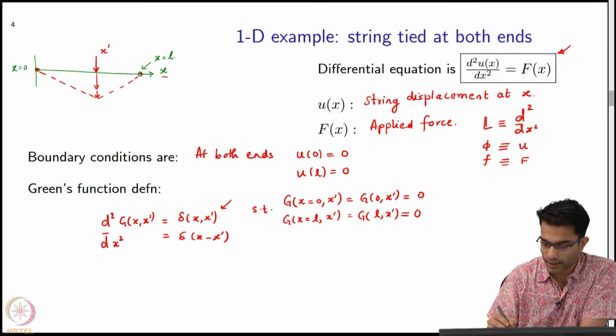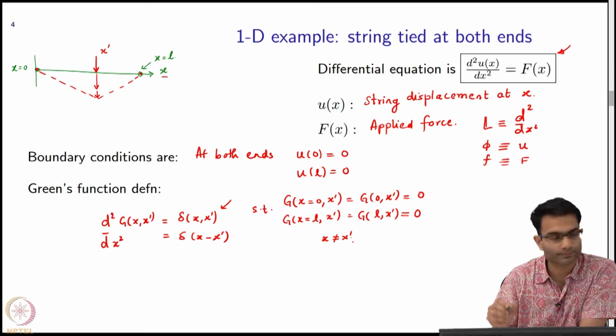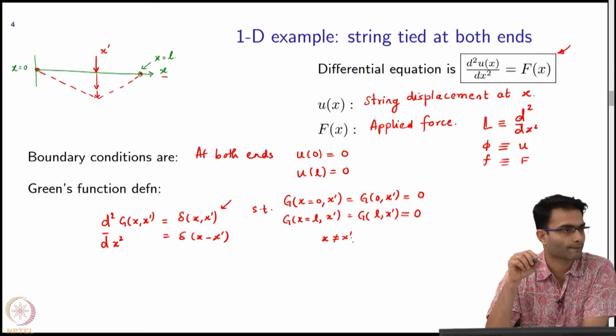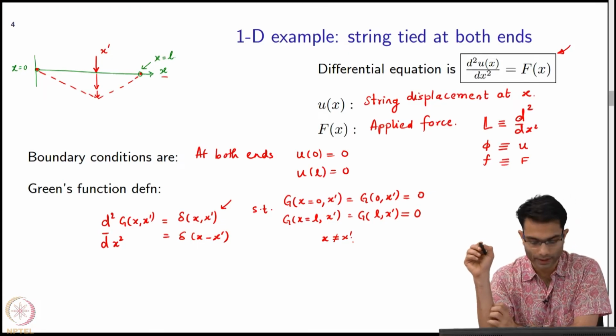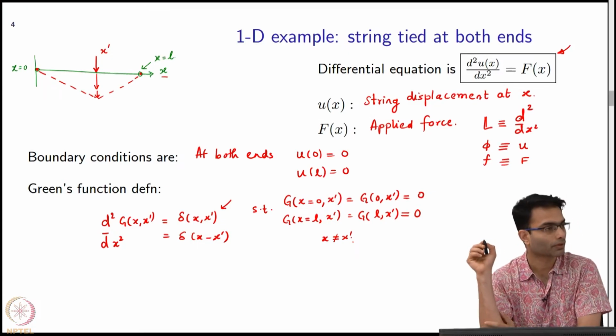And for now we are just going to say x not equal to x prime, just so that we stay clear of the delta function. All right, setup is clear.